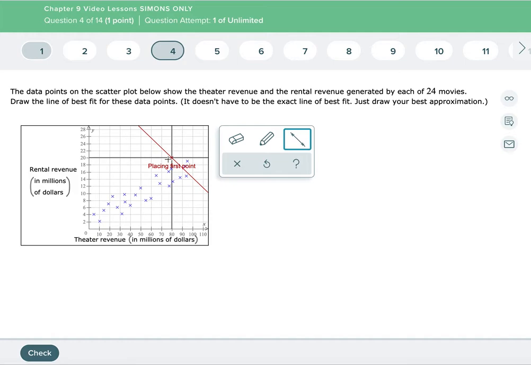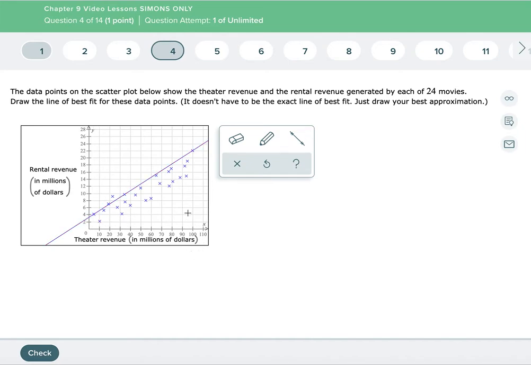It wants you to place 2 points. So you want to place 1 point on one end of where the whole pile of numbers is, and then another on the other end of it. So like I could say, okay, let's put one here, and then let's put my second point, I don't know, let's put it right here, just for fun right now.